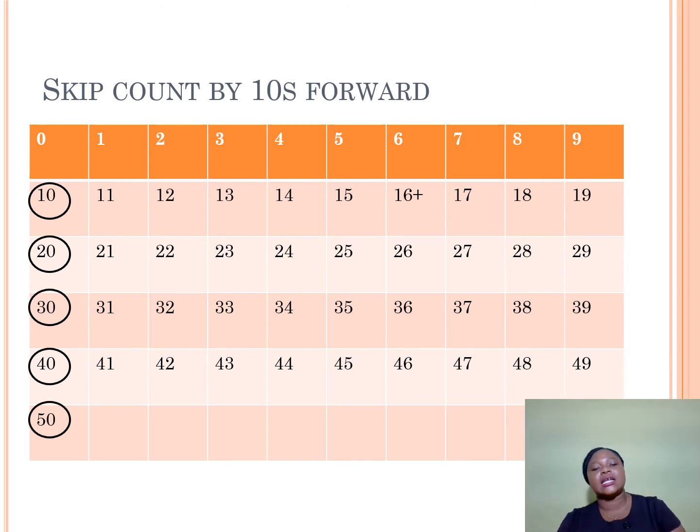So let's add another 10 to give us the next number. 21, 22, 23, 24, 25, 26, 27, 28, 29. The next number is what? 30. That is the 10th number. So we circle it.